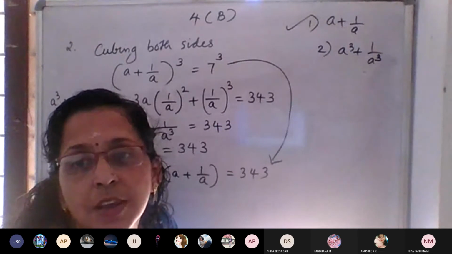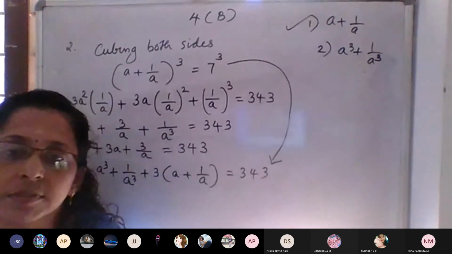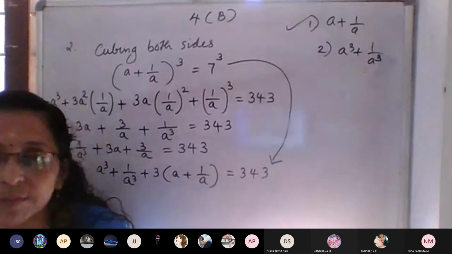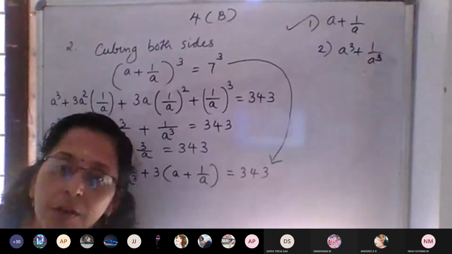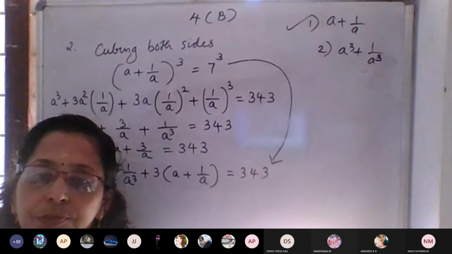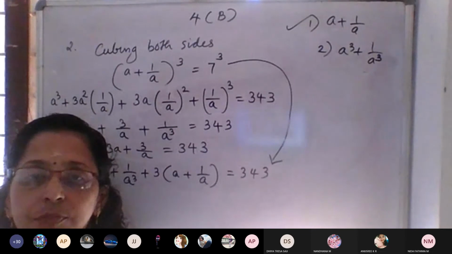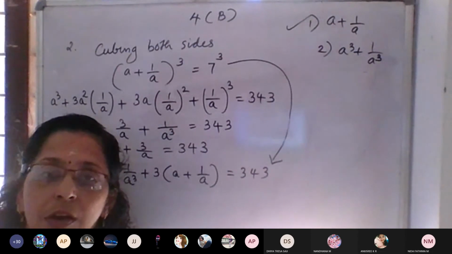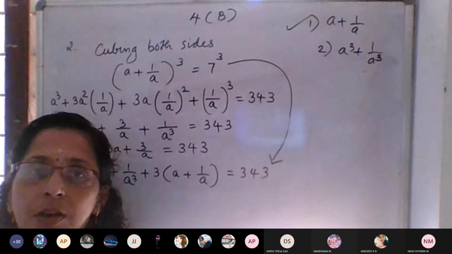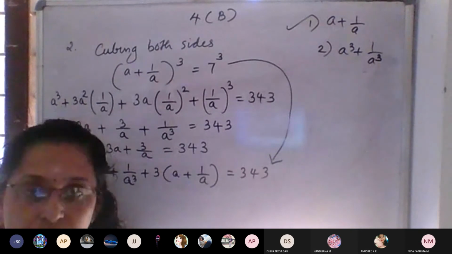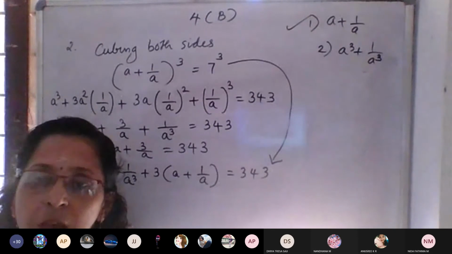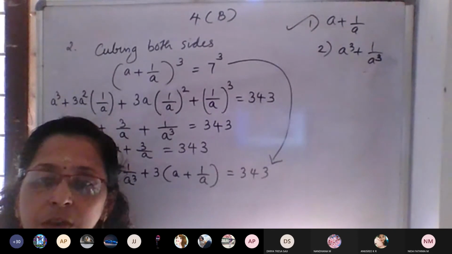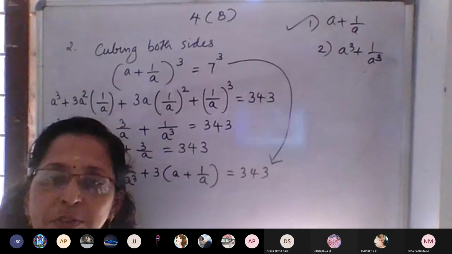All the formulas you should study and apply at the proper time. Don't get confused. If you can do it directly, if you study that formula properly, no problem for me.